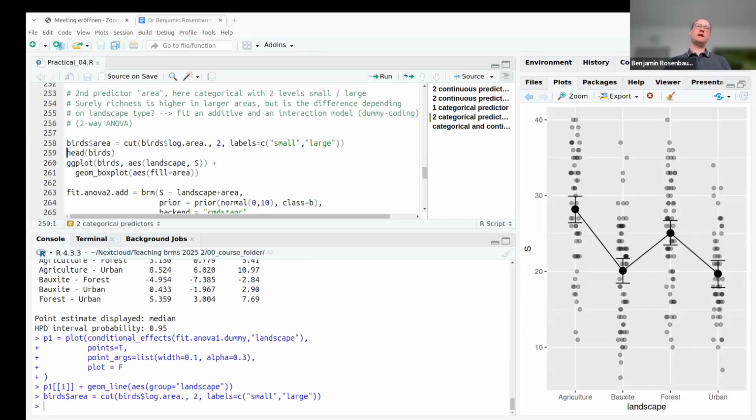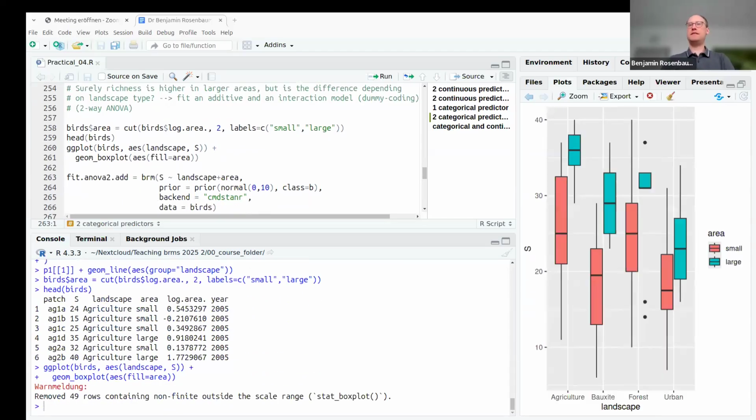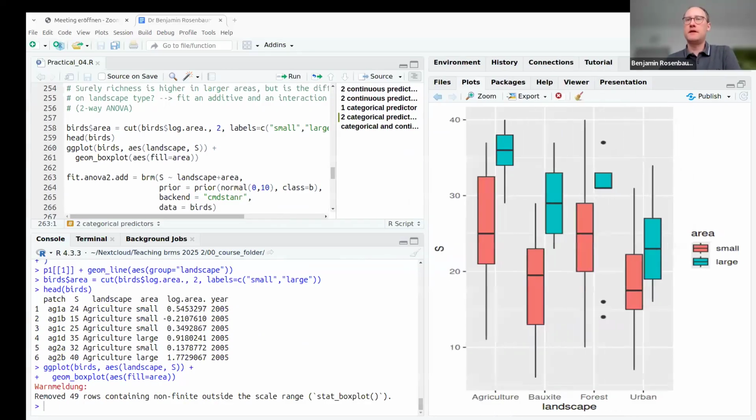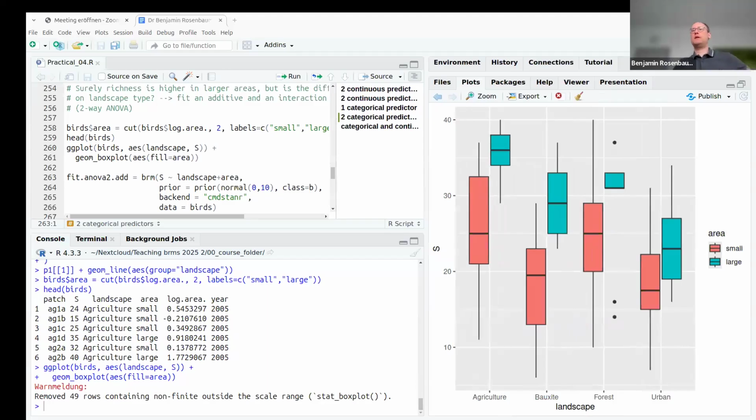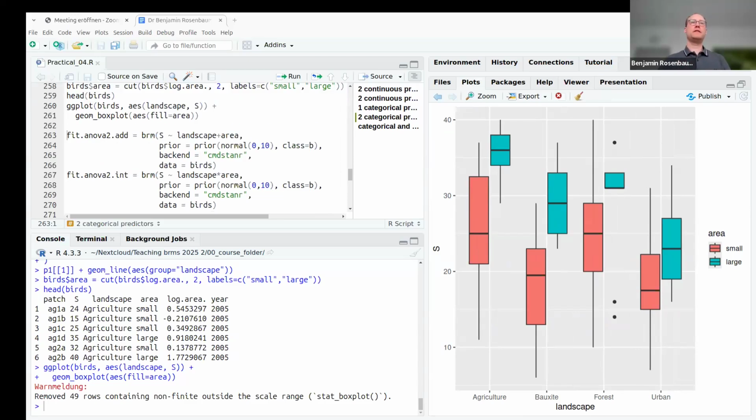Again, this is the same example as in the lecture: species richness, different landscape types, but now you have small and large areas. And if you are interested in whether there are differences in landscape type while correcting for area size, you can fit this as an additive model.